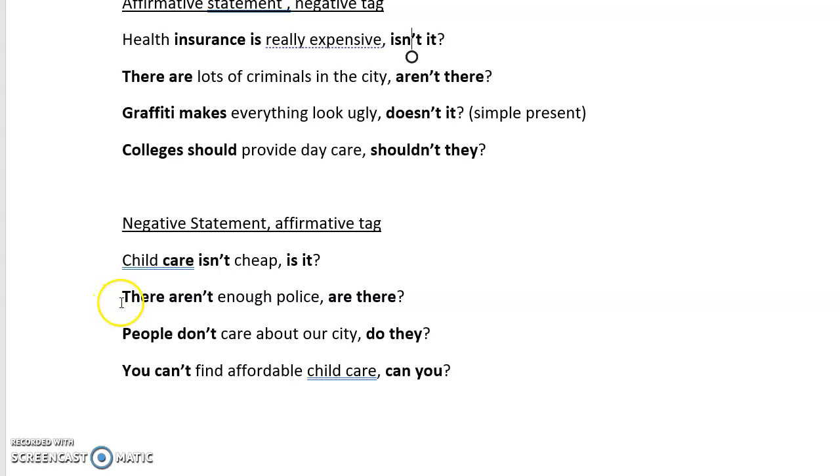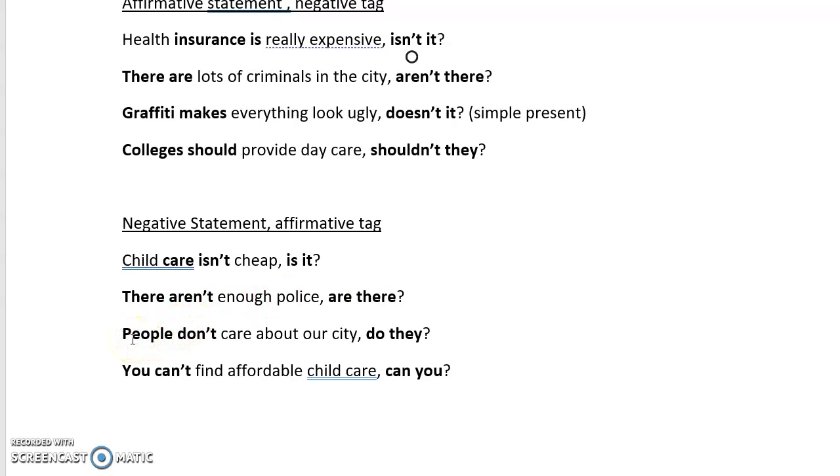Okay, the second sentence, here's our there aren't example again. There aren't enough police, are there? Remember, when you use there is or there are, just reverse it and use the opposite. So there aren't becomes are there.